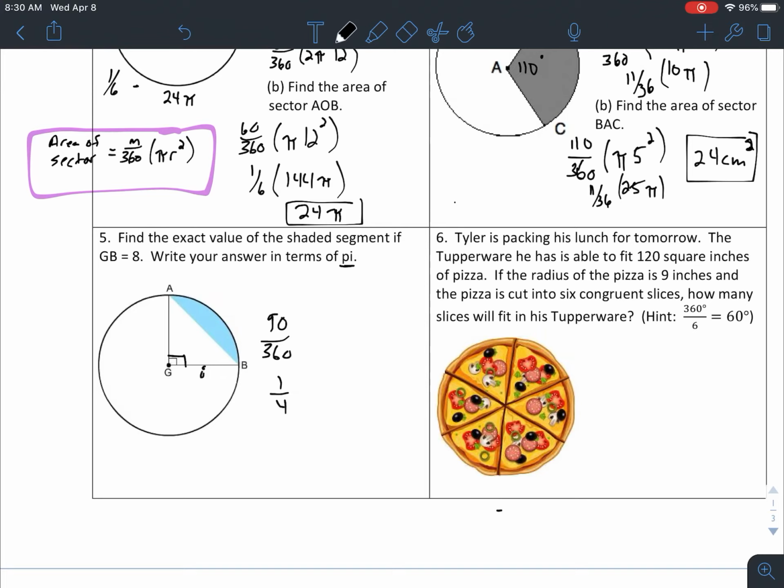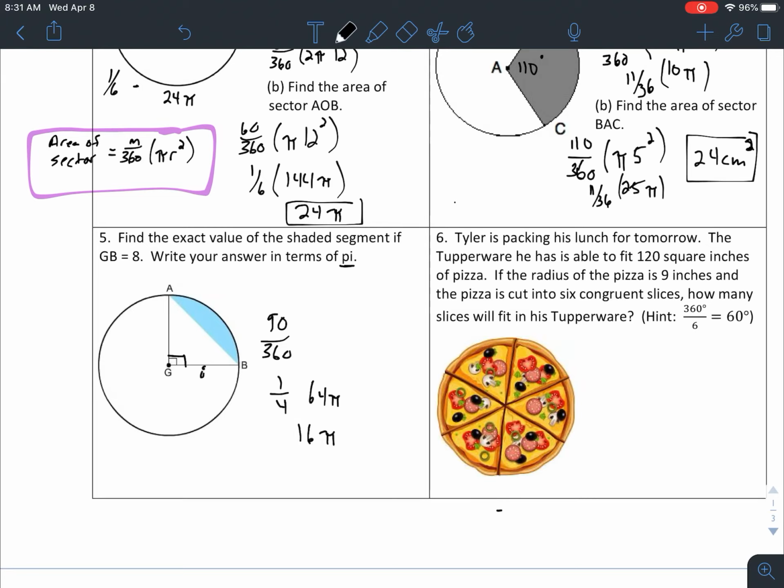Make it simple right there. We know by looking at this formula it's going to be pi, and it's going to be radius squared, which is going to be 64. Okay? So I'm going to write 64 pi. When we times all this down, it's going to end up being 16 pi.